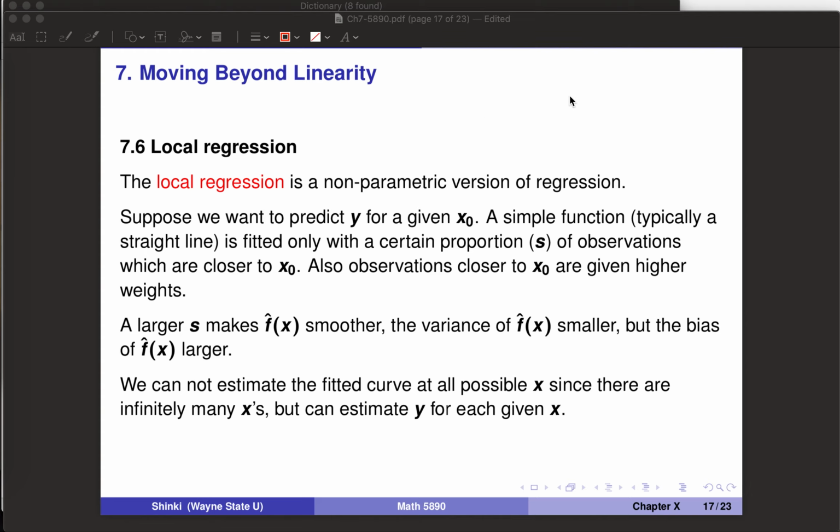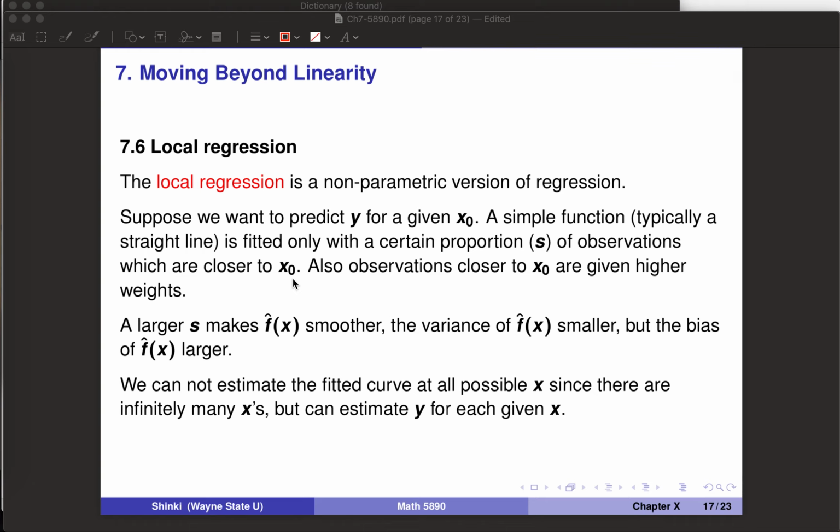Local regression is just a simple regression, a simple function such as a straight line regression, but we only use a certain proportion of observations which are close to x naught. Remember last time we discussed the local regression ideas.